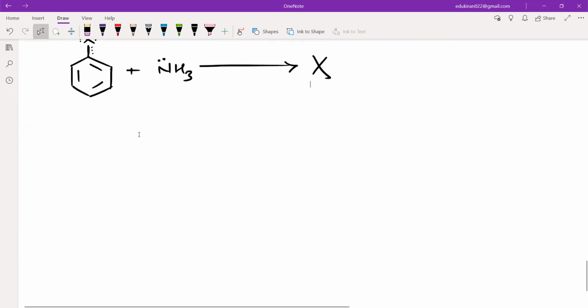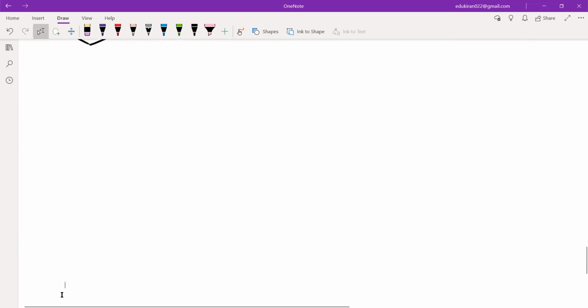from nitriles. You can also use nitro compounds, and both of them will be reduced.